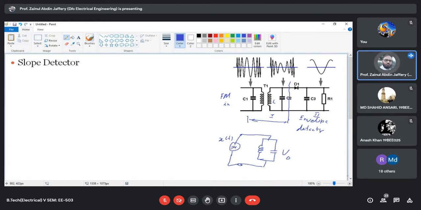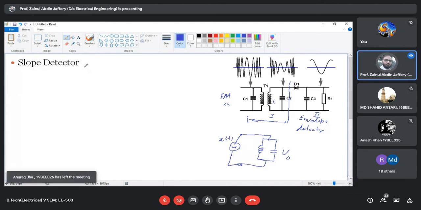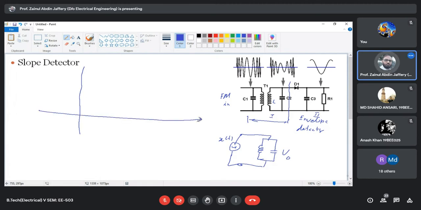But the only problem is that here the frequency is variable. So you know the output voltage will depend on the frequency, and if you plot the frequency response of this circuit, it goes like this.